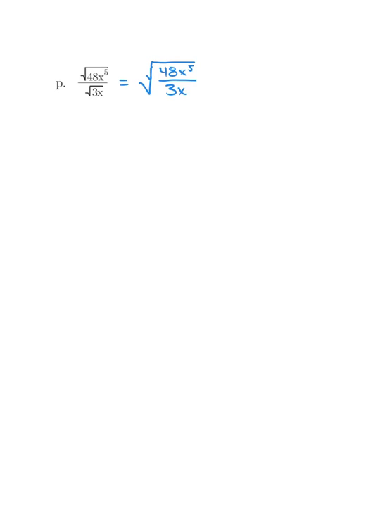Let's simplify the fraction. So I'm going to divide my numbers. 48 divided by 3 is the square root of 16. And remember that when we divide, we subtract the exponents. So we get 16 x to the fourth.